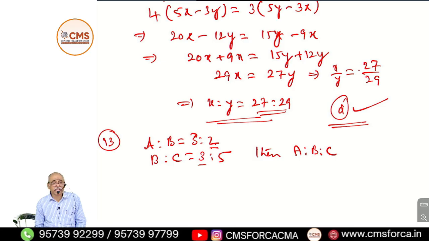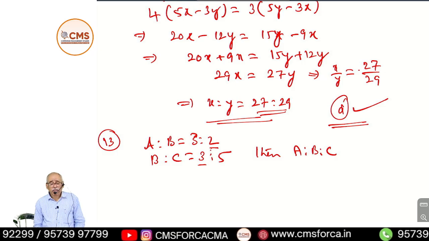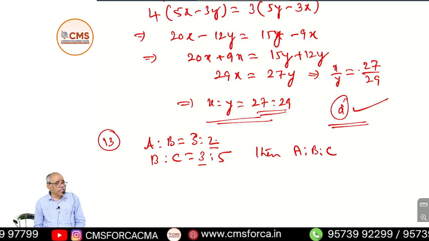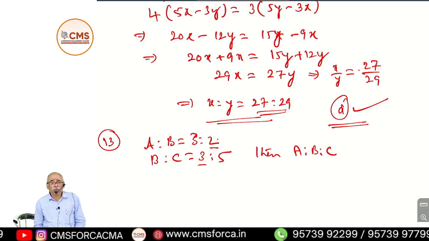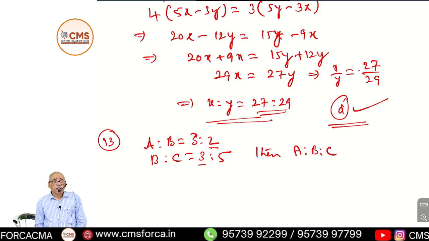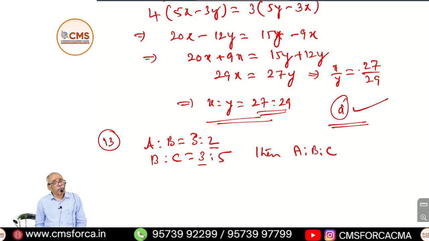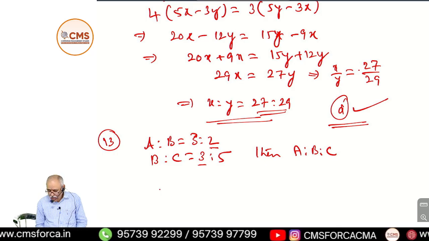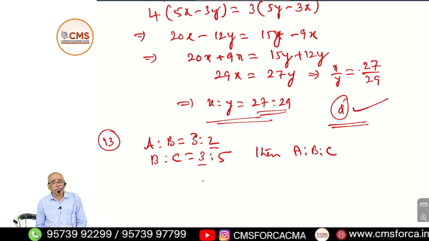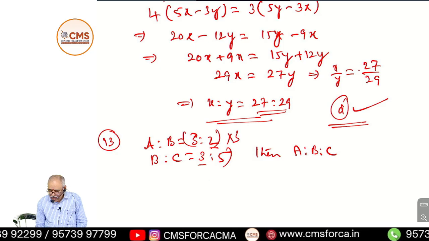These two must be the same. The LCM of 2 and 3 is 6. LCM by the second term in the first ratio, 6 by 2, is 3. You can't multiply a single term; you have to multiply both terms. That is why in the first ratio you multiply with 3, and in the second ratio you multiply with 2.